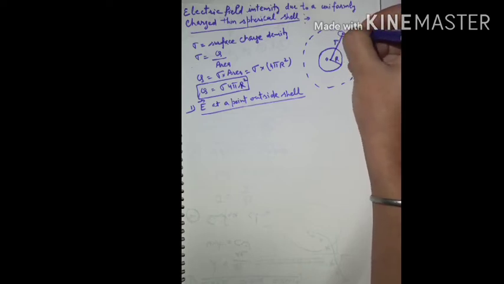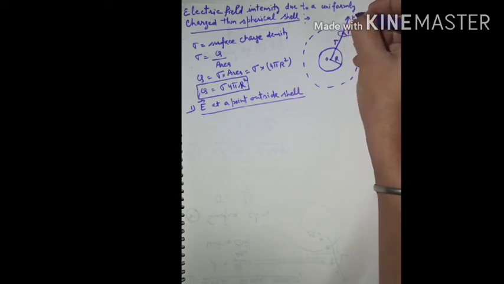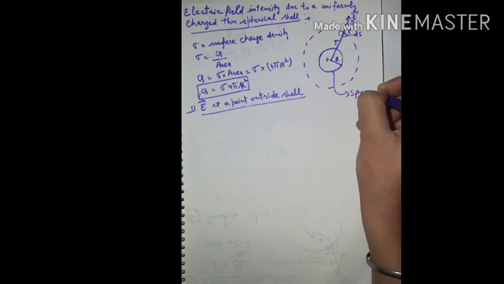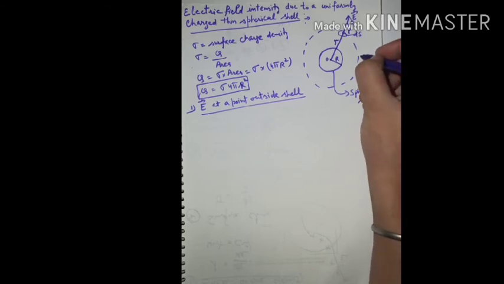at point P. Now the electric field intensity is in the outward direction. Here is a test charge. n cap is the unit vector normal to this area. This is the spherical shell, and this is the spherical Gaussian surface.